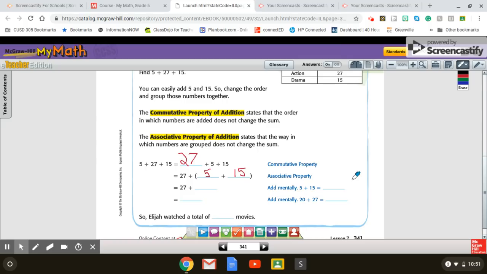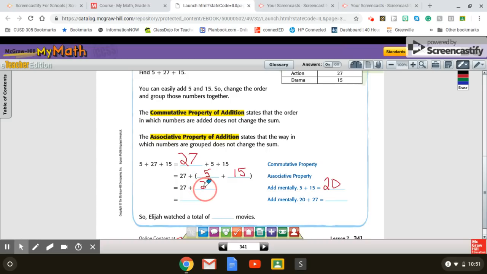So the next thing you're going to do is add what's in the parentheses. In parentheses, we have 5 plus 15, which is, hopefully you say, 20. So we're going to put 20 over here as well.